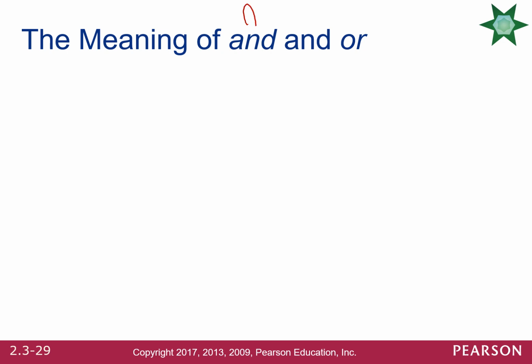Remember the symbol for intersection was this downturned U, correct? And for "or", it was a U symbol, correct? So let's see what this has to say.